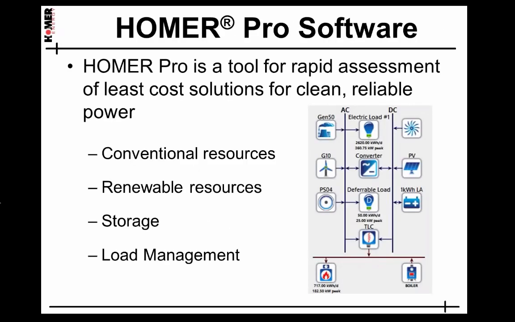So as Peter mentioned, I'll be telling you a bit more about the features of the Homer Pro software. Some of you may already know this, but Homer Pro is a tool for rapid assessment of least cost solutions for clean, reliable power. The Homer software compares thousands of possible combinations of solar, wind, storage, load management, and conventional generators, including combined heat and power systems, as either standalone or grid-connected systems in basically only a few minutes.